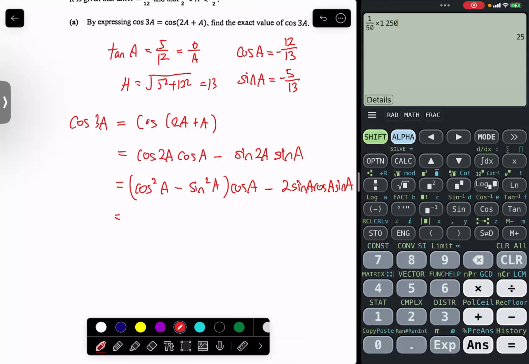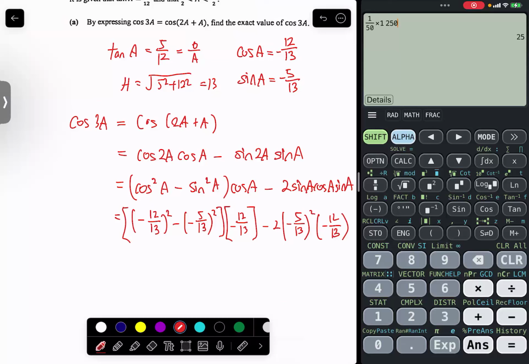Cos²A is negative 12 over 13 squared minus negative 5 over 13 squared, whole thing multiplied by negative 12 over 13, minus 2 times sin A, which is negative 5 over 13. There's 2 of it, so I just square it, and then negative 12 over 13. Okay, key this setup into your calculator and we should be fine, right?